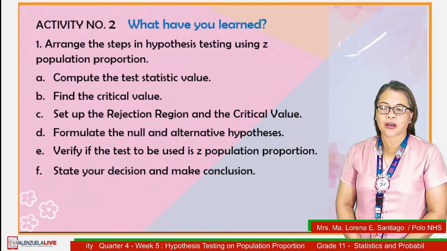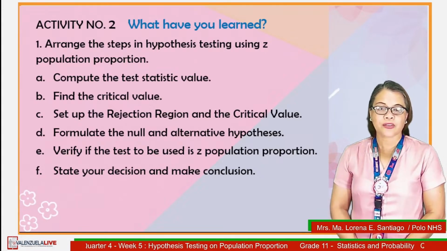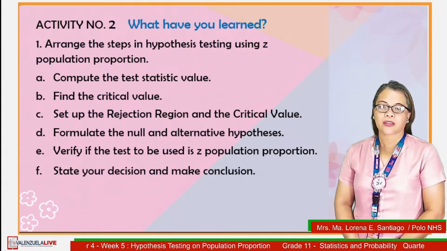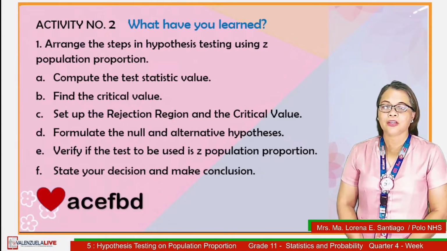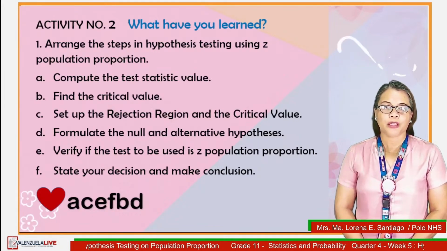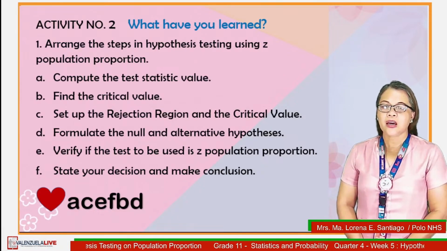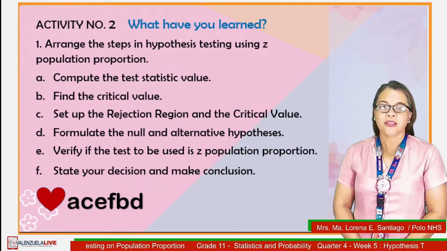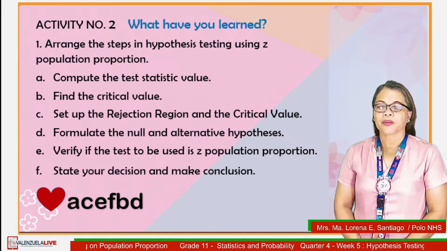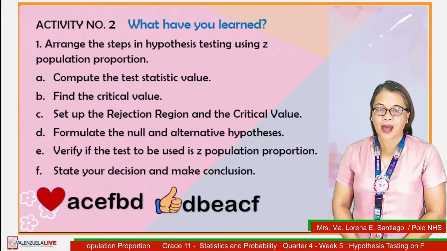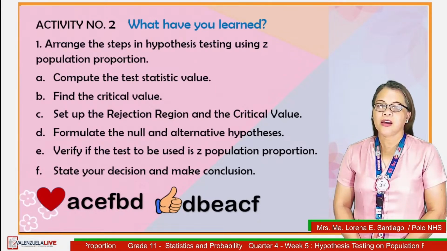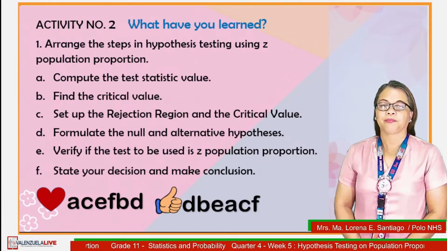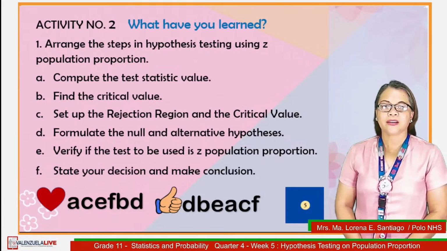Your task is to arrange these randomly ordered steps in hypothesis testing. React heart if your arrangement is A, C, E, F, B, D, or react like if it's D, B, E, A, C, F. Timer starts now.